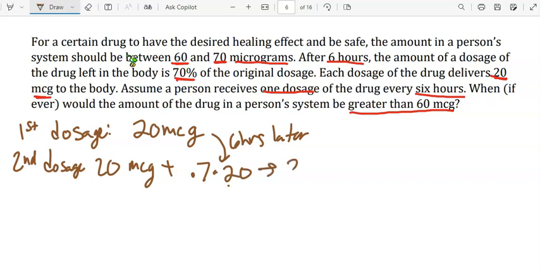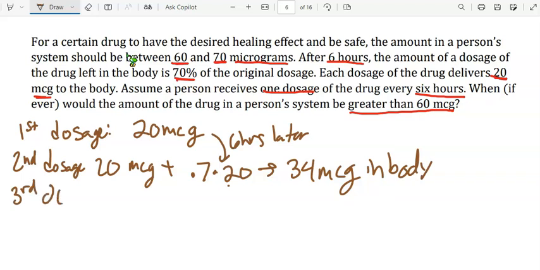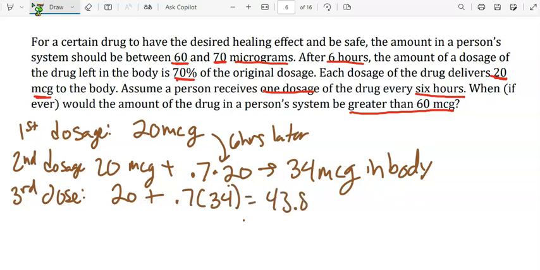And that would be 34 micrograms. And then the third time, we're going to have 20 micrograms plus 70% of what's left in the body, the 34. And that's going to equal 43.8 micrograms.